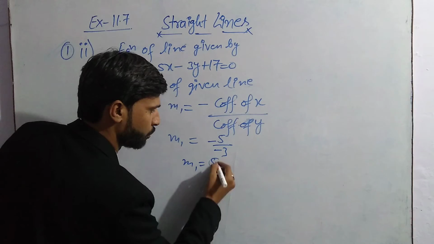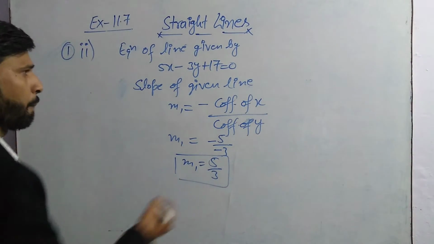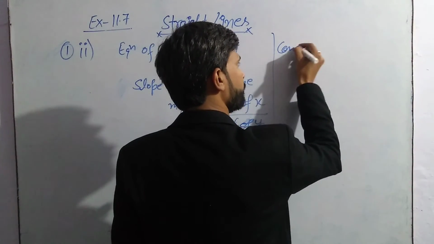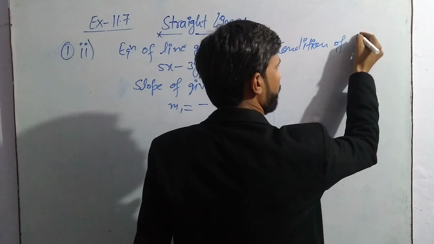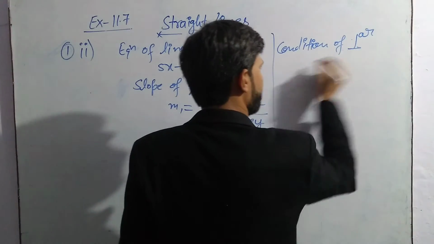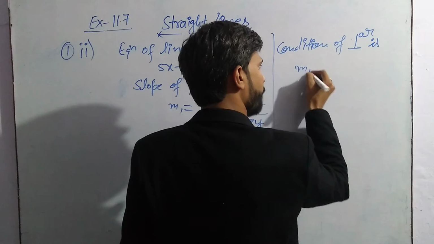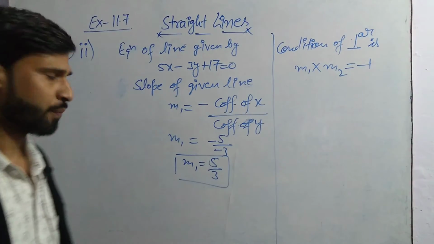Therefore, m1 is equal to 5 by 3. The condition of perpendicularity is m1 m2 is equal to minus 1.